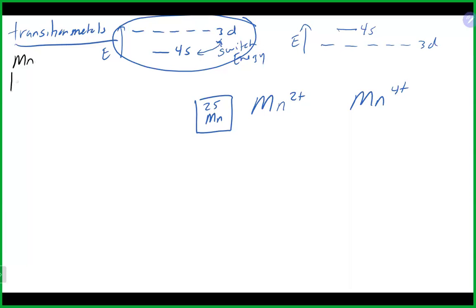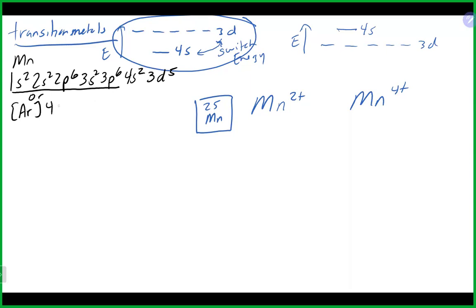We work the electron configuration for that guy: 1s2, 2s2, 2p6, 3s2, 3p6, again 4s2 first, 3d5, I believe there. Again, this can be shorthanded as argon 4s2, 3d5. Any questions on the electron configuration of Mn with no charge?